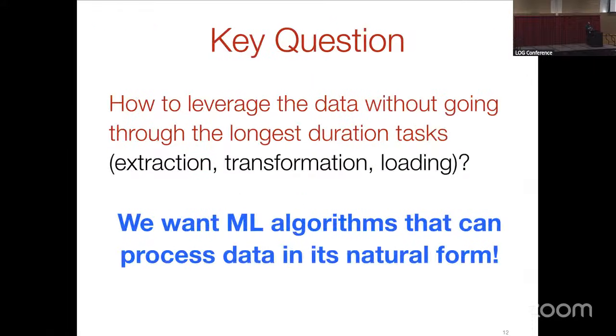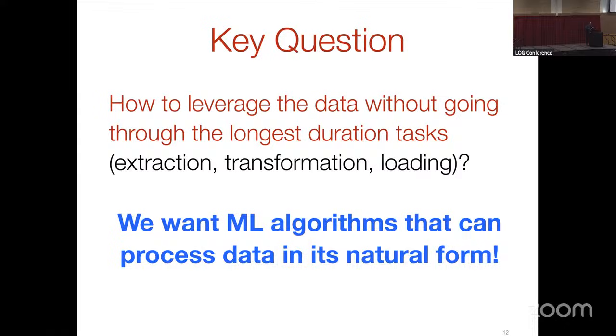So the question that we're trying to answer today is, can we actually leverage this data without going through this laborious and time-consuming process of feature engineering? So we want to build machine learning models and algorithms that can process the data in their natural form. And if you think about it, that's the natural path for such a data modality.